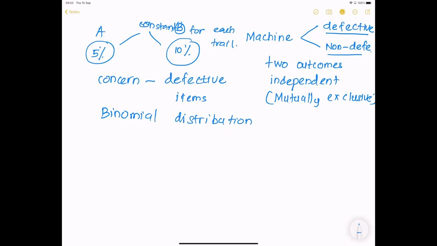The first one: if 6 nuts manufactured by machine A are selected at random, what is the probability that exactly one of them will be defective?